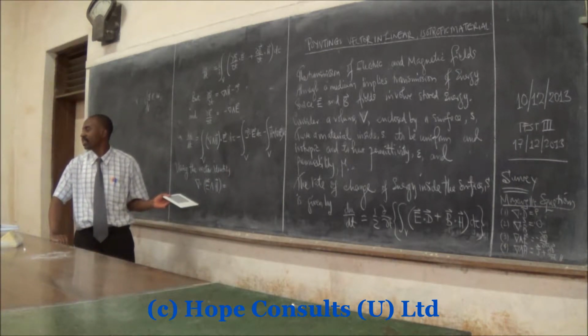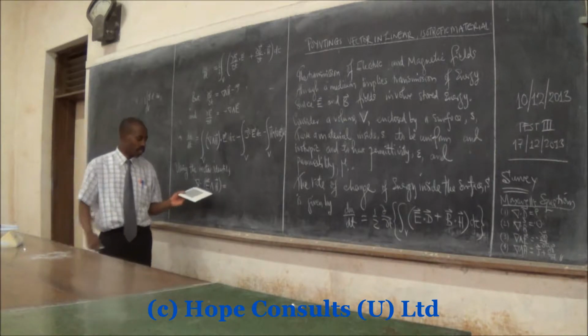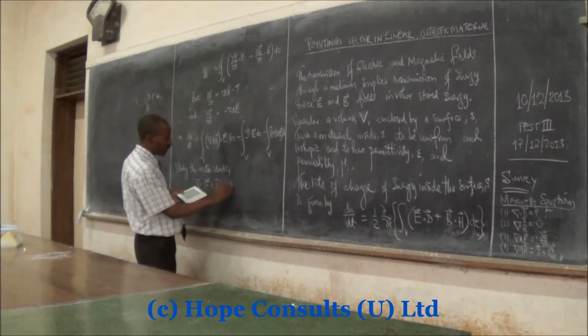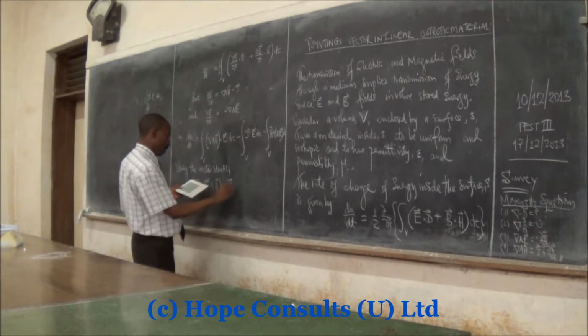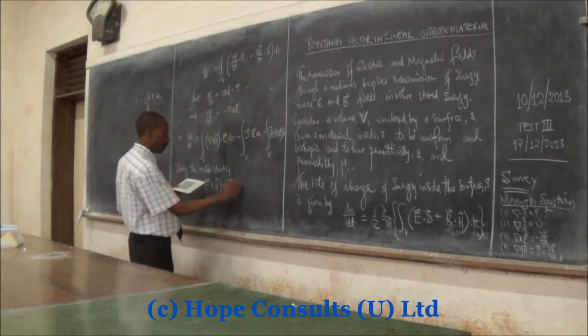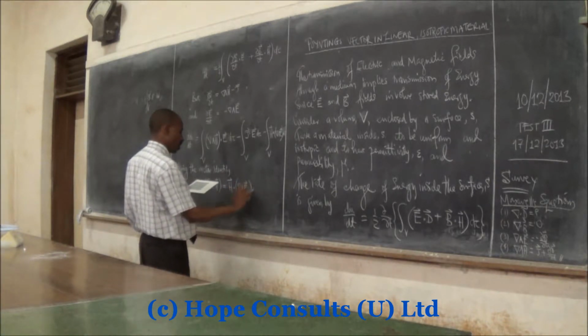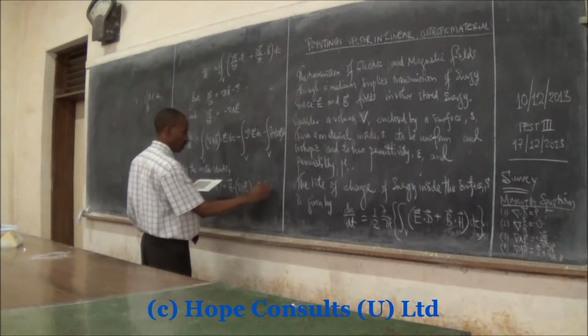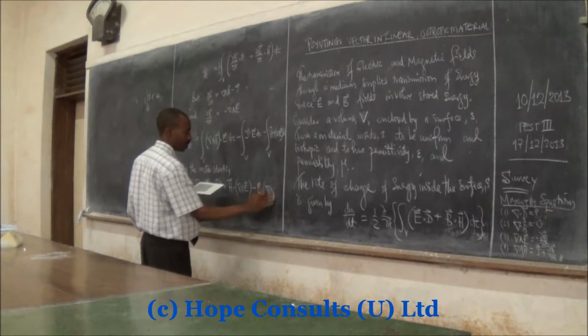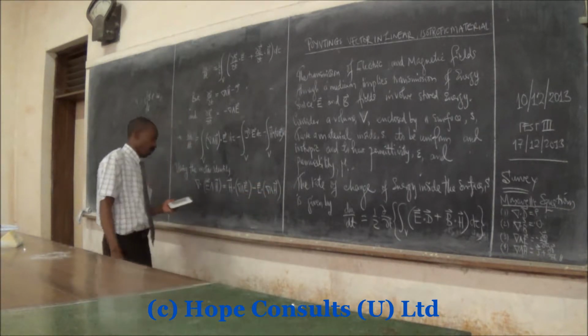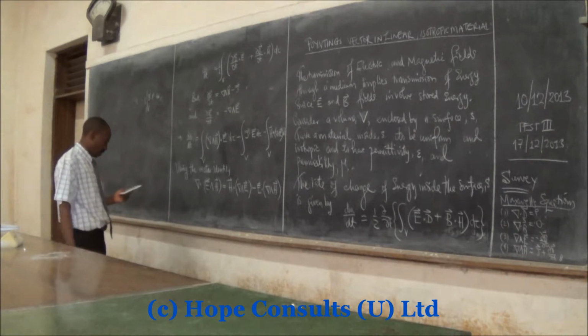This is equal to H dotted with the curl of the first vector, then minus the second vector dotted with the curl of the first one. This is an identity. So the first one is H, whether first one or second one.